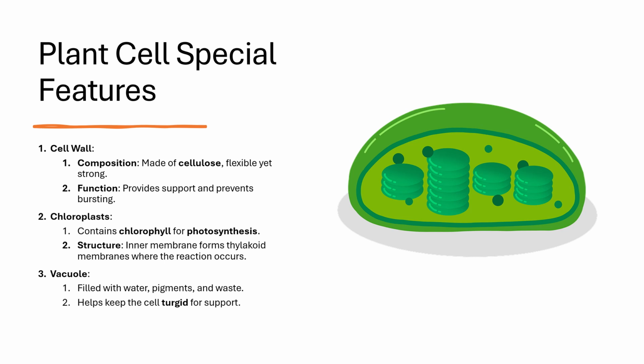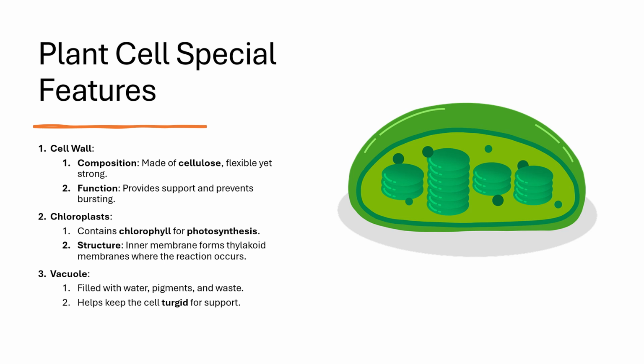Chloroplasts contain chlorophyll, which is a green pigment necessary for photosynthesis. And in terms of structure, chloroplasts are laid out in a very specific way.